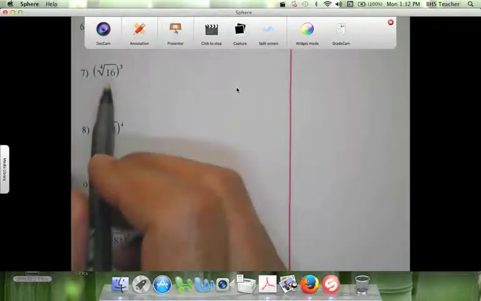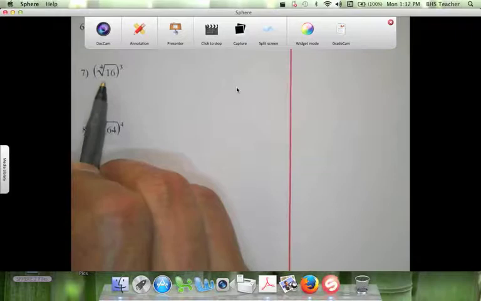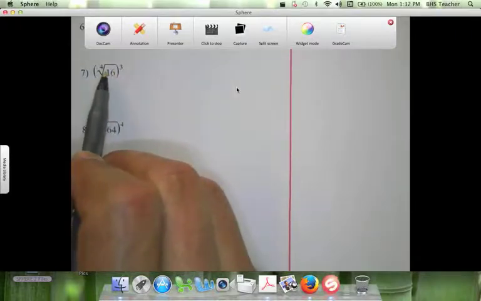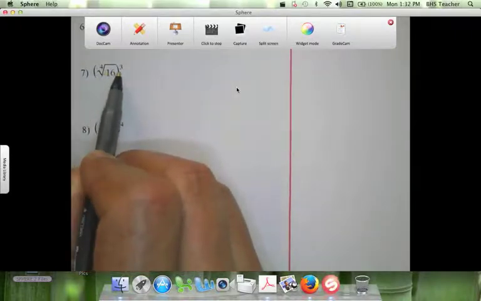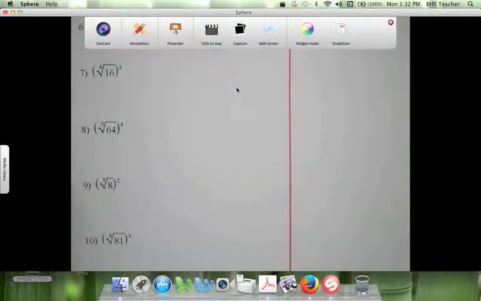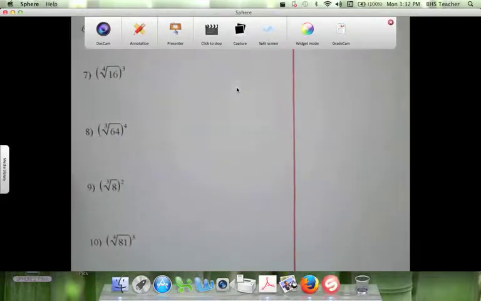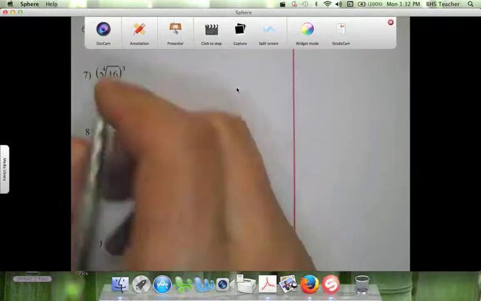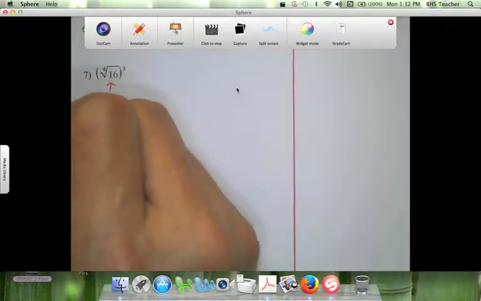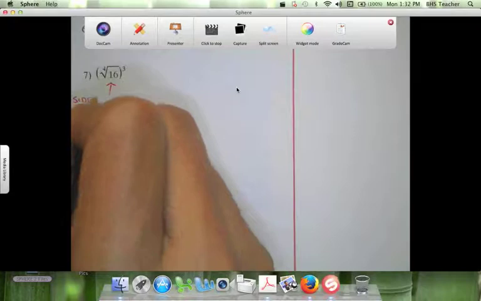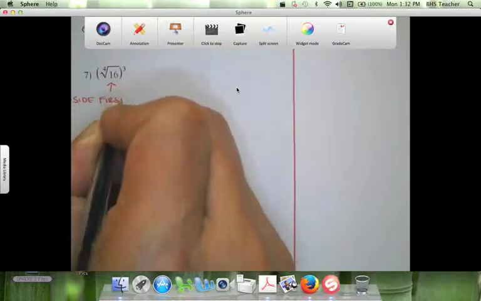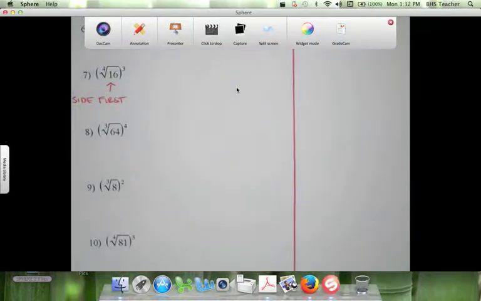Now you're going to have a radical and then another exponent on the outside here. What you always want to make sure you do first is the inside first. So you do the 4th root of 16.